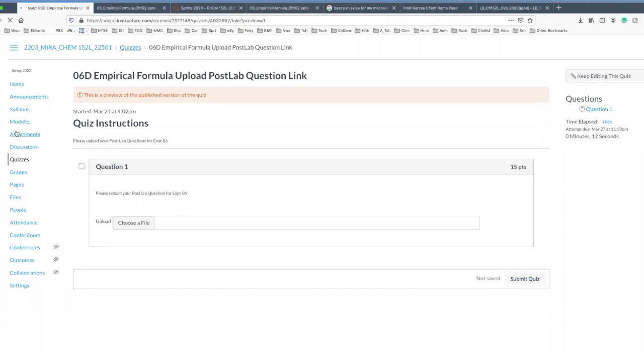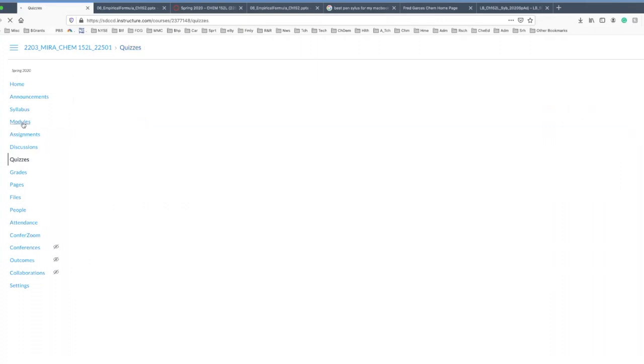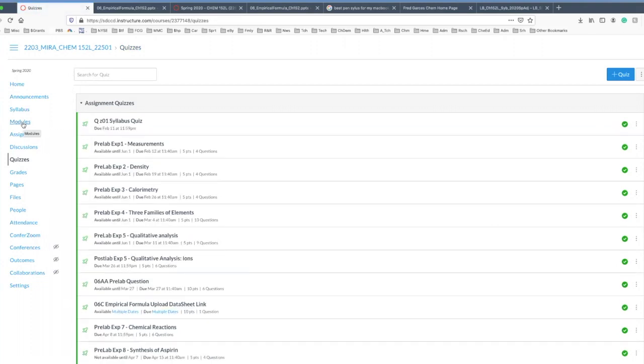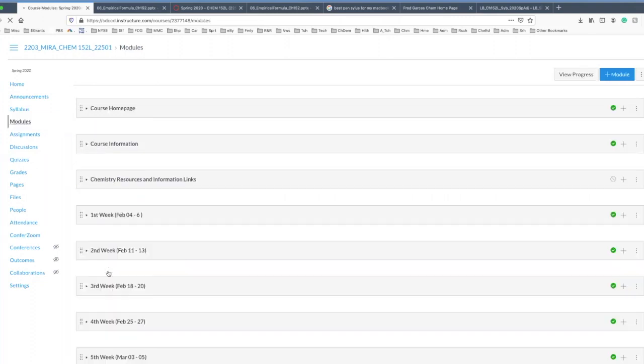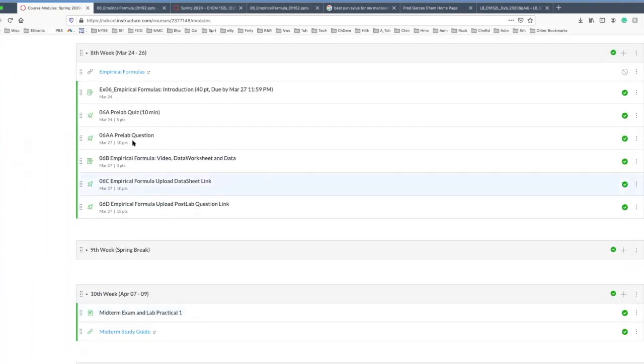The way you carry out the lab for the rest of the semester is for you guys to go to the weekly modules, that's this, and run through each one of these, especially the video, data worksheet, and data, and it will basically have that consistency. And you just go through the lab as if you were in the classroom, except of course you guys aren't doing the experiment. Next week is spring break.